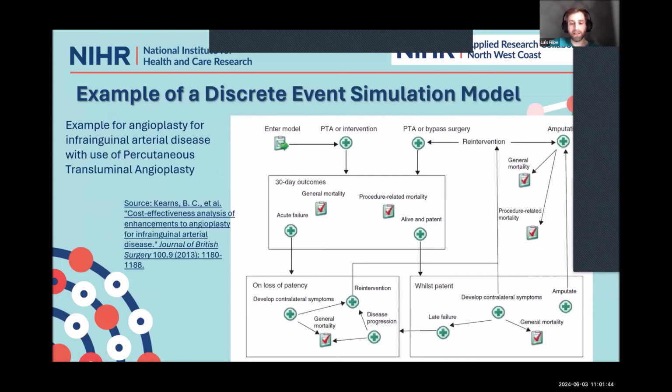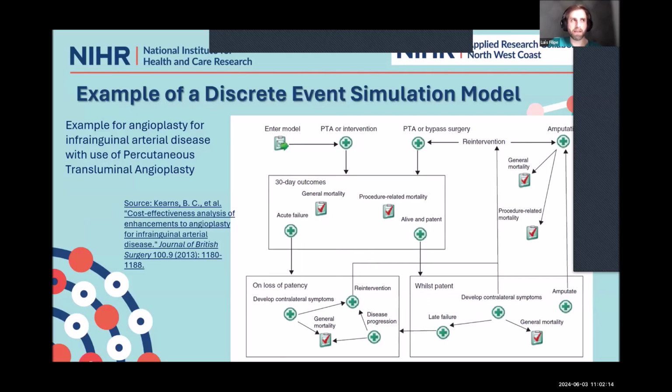Now, finally, and I'm going to almost skip this, we have the discrete event simulation models, which are basically when Markov models are not enough, because the procedures are a lot more complex. You need the model to recall which people were in each state, because the probabilities are going to change based on that. An example that I can give you is, imagine that we are talking about cancer.